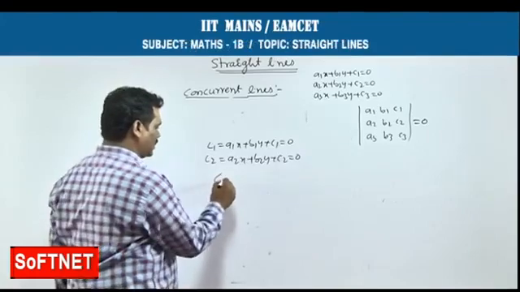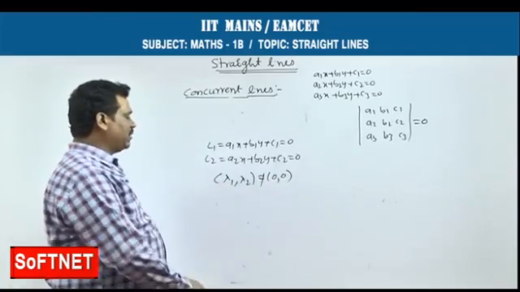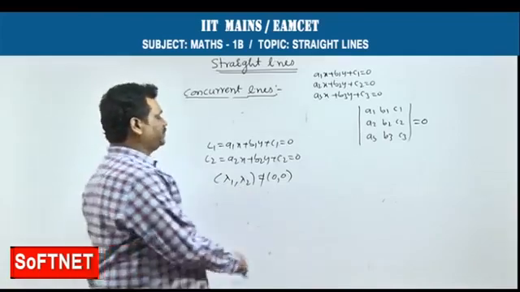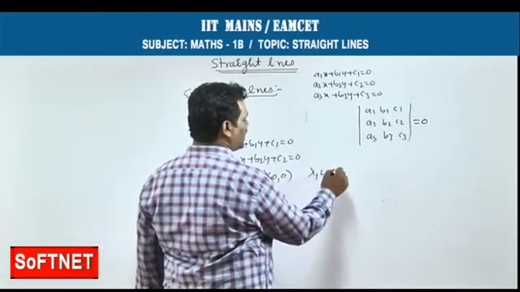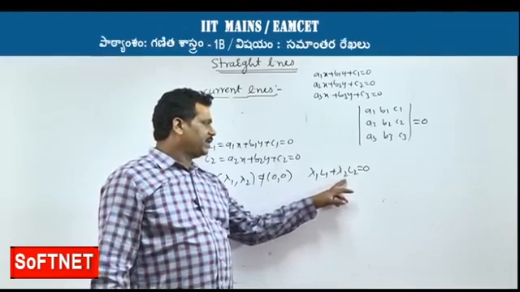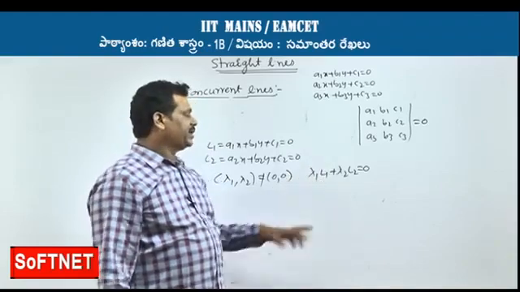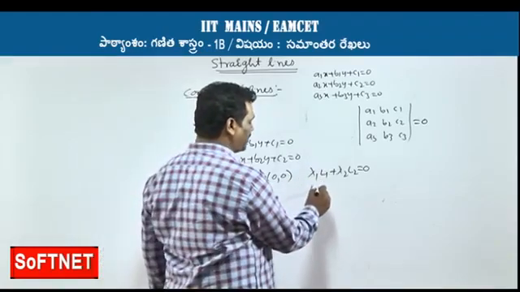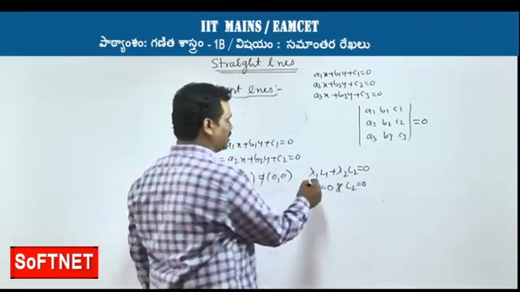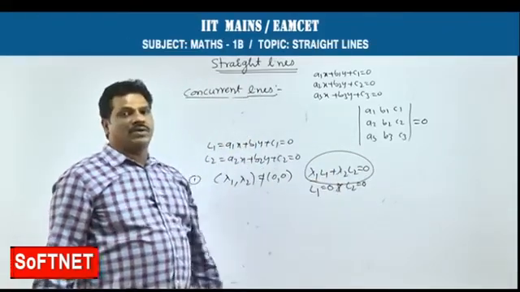Then, with lambda 1, lambda 2 not equal to 0, 0, where lambda 1 and lambda 2 are parameters, lambda 1 L1 plus lambda 2 L2 equal to 0 represents a line passing through the point of intersection of the lines L1 equal to 0 and L2 equal to 0. This is also one of the conditions for concurrent lines.